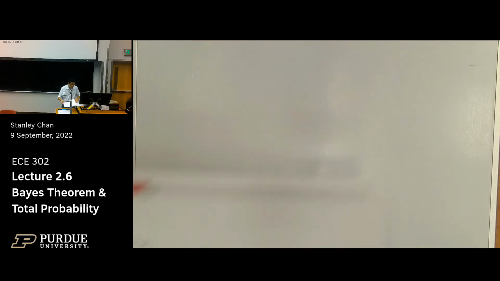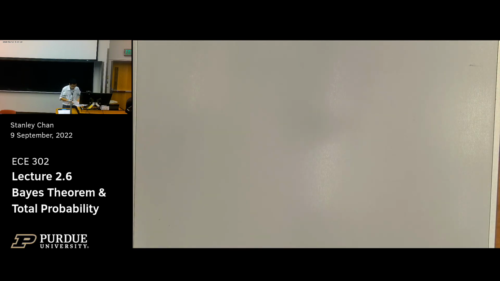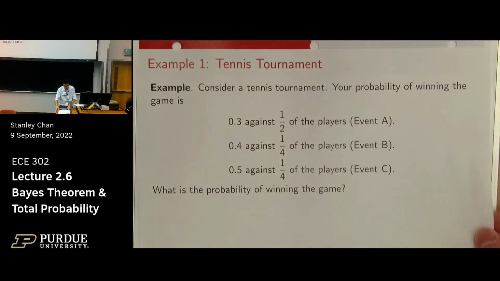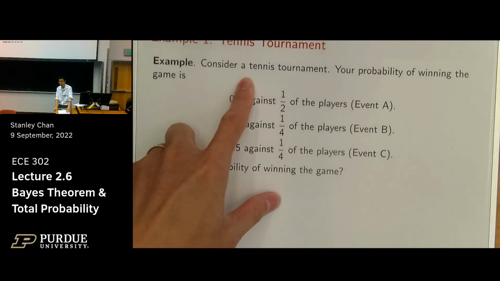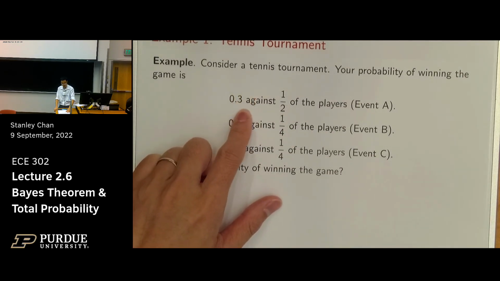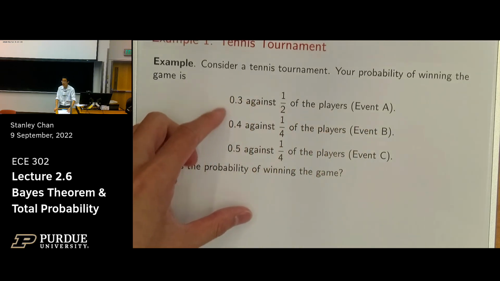Okay, so I want to give you an assignment today, a problem that you can work on this weekend. It's this tournament problem. You are trying to play against 3 types of players.